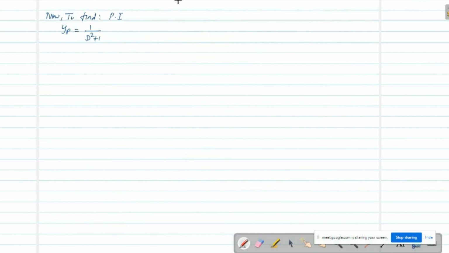Now substitute the coefficient of cos z, which is 1. So we write minus 1 square plus 1, which becomes minus 1 plus 1. This is 0.